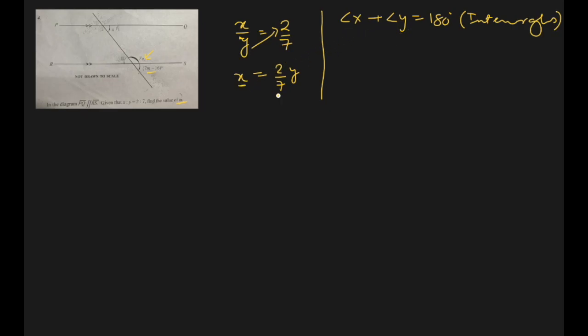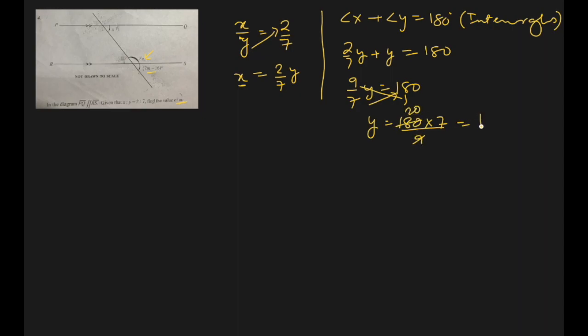So in place of X we write 2/7 Y. Y is equal to 180. 7 plus 2, 9 over 7Y equals 180. Again cross multiply, 7 multiplies here, so Y is 180 times 7, and 9 becomes the denominator. 9 and 180 cancel out, 20 times 7, 140 degrees is Y.